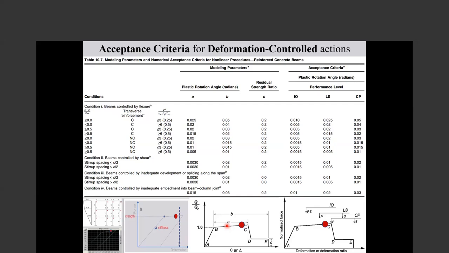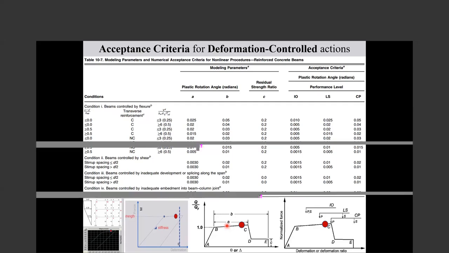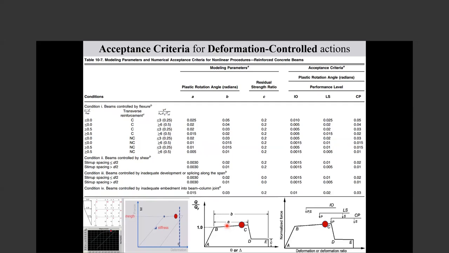This is something that you can get results and approve by elastic analysis, but nonlinear analysis will help you to find the optimum one of those, and then introduce that to the elastic.